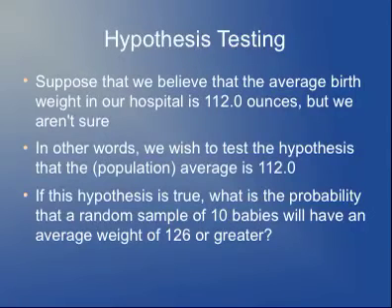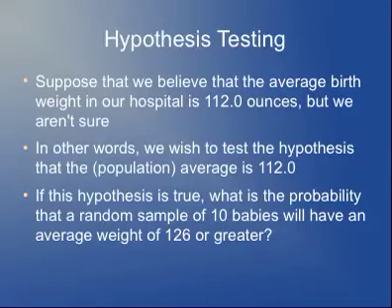Now, an example of using the sample mean to make conclusions about the population mean is this next example that we'll be going through, which actually uses the exact same data that we had in the previous example. Here we're asking a different question, but we're using the same information.